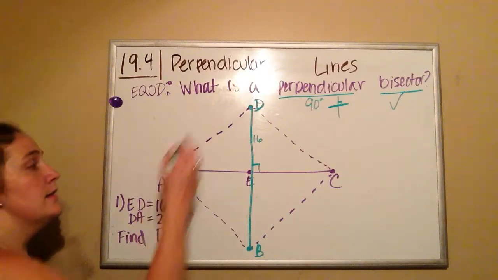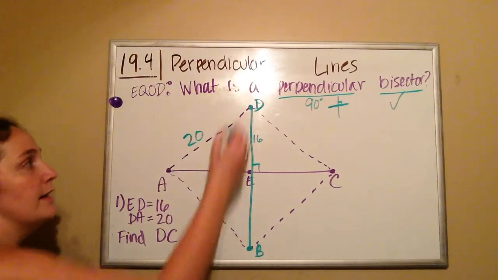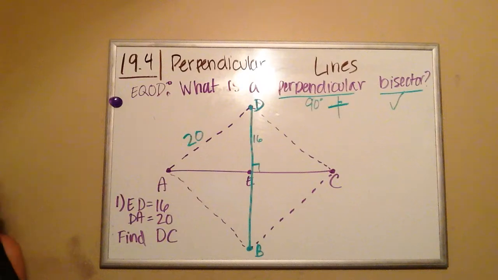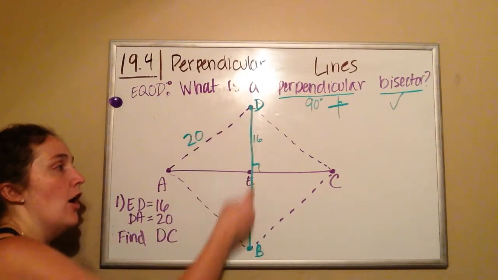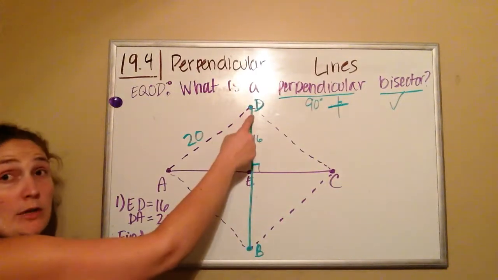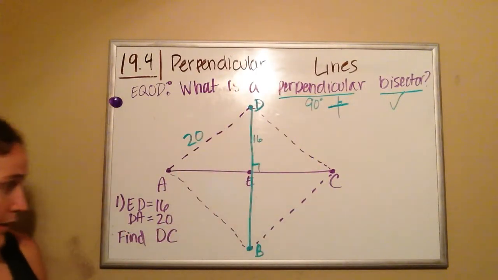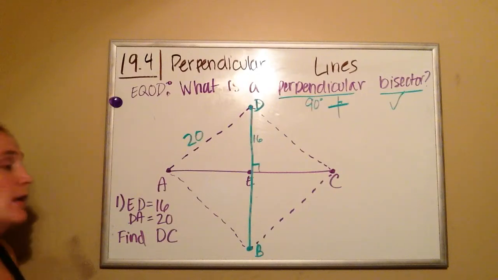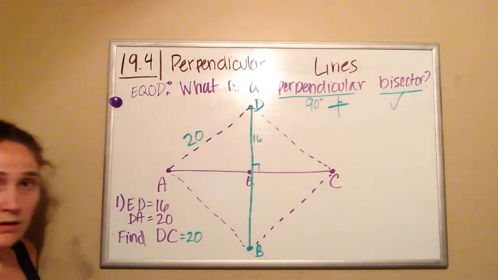We know that DA is 20. And we're supposed to find DC. Well, remember that any point that lies on this perpendicular bisector is going to be equal distance from the endpoints. So we should automatically be able to say that DC is 20.